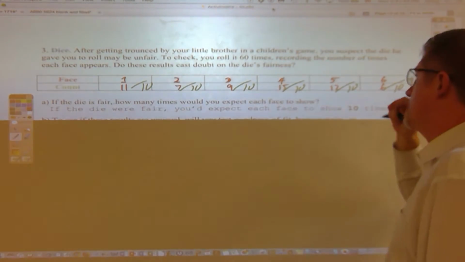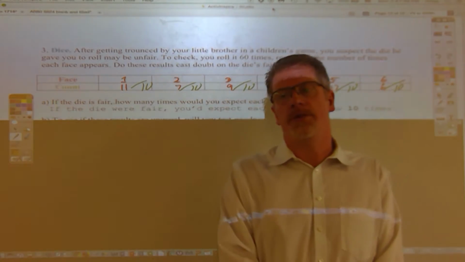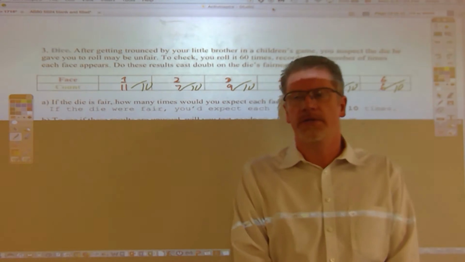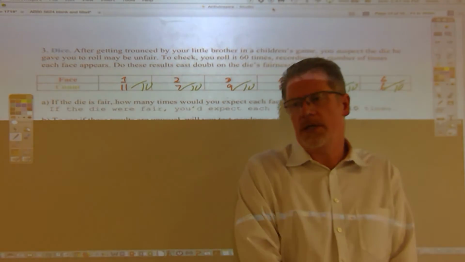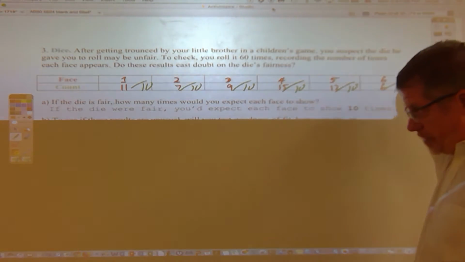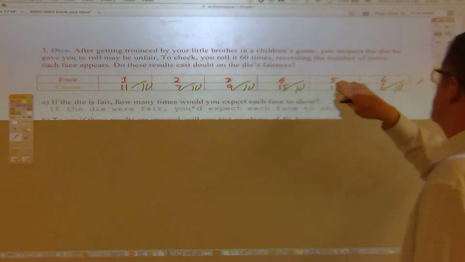We could roll the dice 600 times. And by the way, that's the most common error made with the chi-square test for goodness of fit: the degrees of freedom. People end up using the number of tosses. They total up 11 plus 7 plus 9 plus 15 plus 12 plus 6 and think that's n.